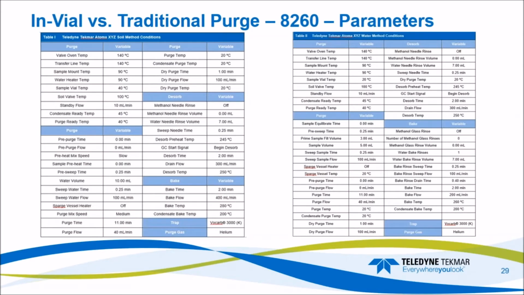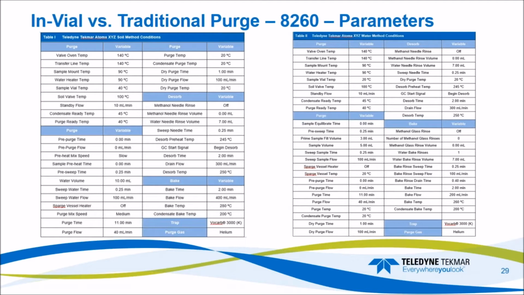Now for our last topic of this webinar, we will be discussing the In-Vial versus traditional purge. So this was done with the new Atomics XYZ and the 8260 EPA method. On the left, we have our 8260 soil method with the Atomics XYZ.